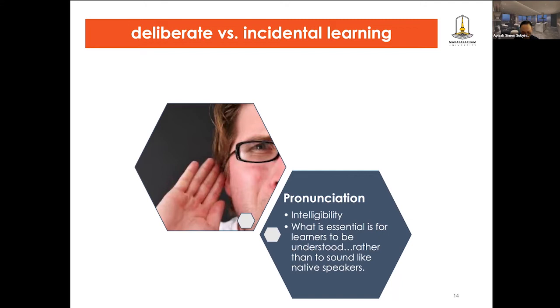Because the main point, like you said, from World Englishes, is that if we can speak out and learn from each other, that's fine, right? That's the main theme. Yes.